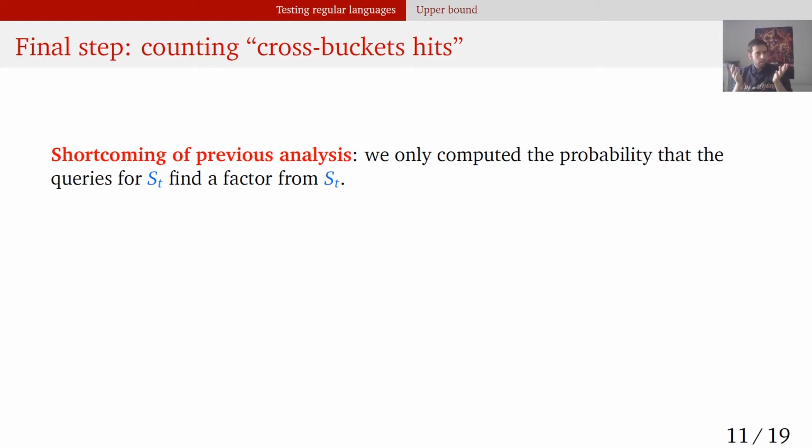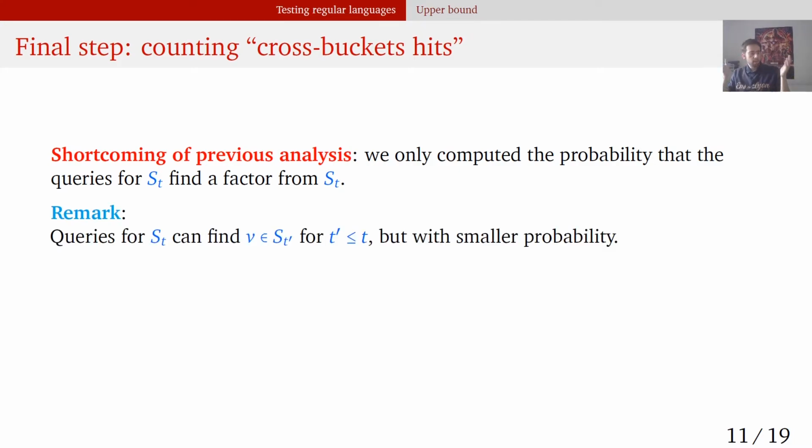We can notice that in the previous analysis, we only computed the probability that the queries that we made for some t find a factor that is in S_t. But actually, it's possible that the queries for some t find a factor that belongs to a bucket S_t' for some smaller t'.